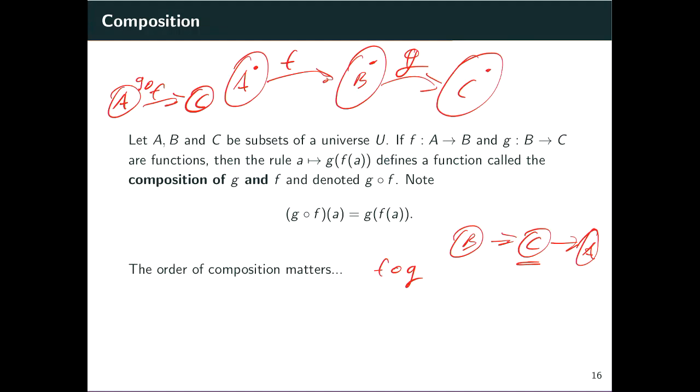So this is a function from A to B, g from B to C, and then we have no function from C to A. And yeah, if I applied the function f to this set C, then it doesn't make any sense because we don't know anything about how C is related to A.